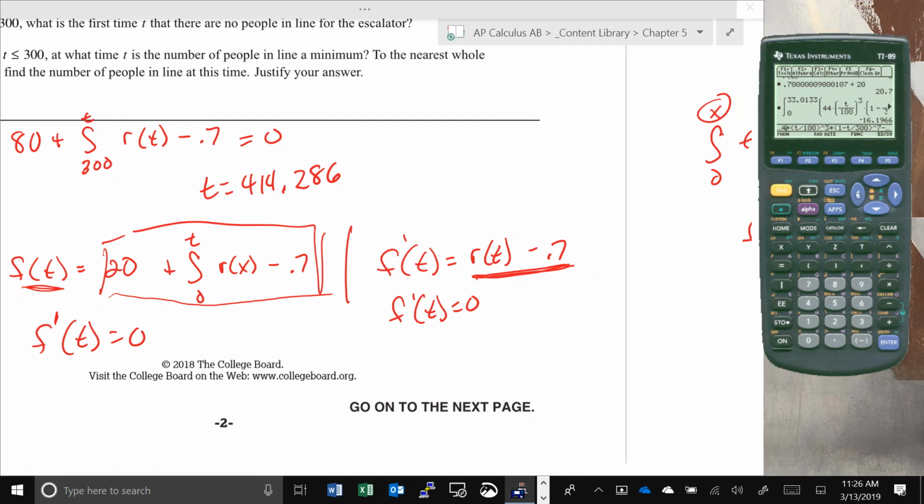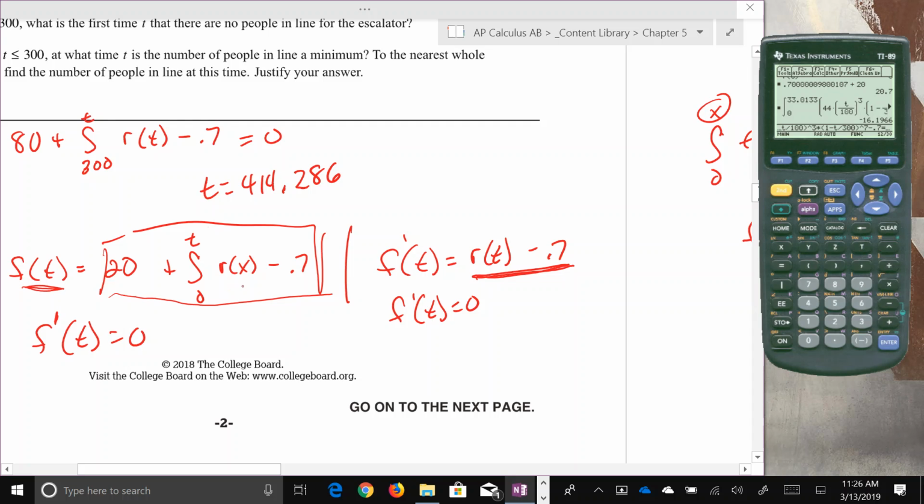I apologize because this is not easy to do. I don't need the integral, so I'm going to get rid of that. You're not doing the integral. No, the derivative of the integral, this is what f prime is, just r of t minus 0.7.